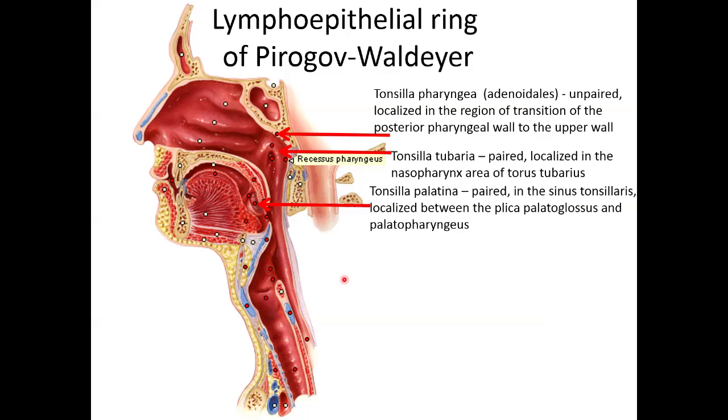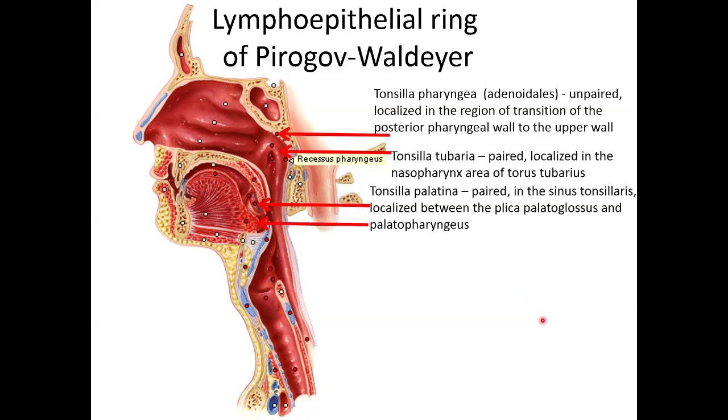Tonsillitis is inflammation of this palatine tonsil, and very often it is dangerous for bacterial inflammation of the heart, because the bacteria which cause bacterial endocarditis very often are lying here in tonsilla palatina, in a pathological situation, sure.